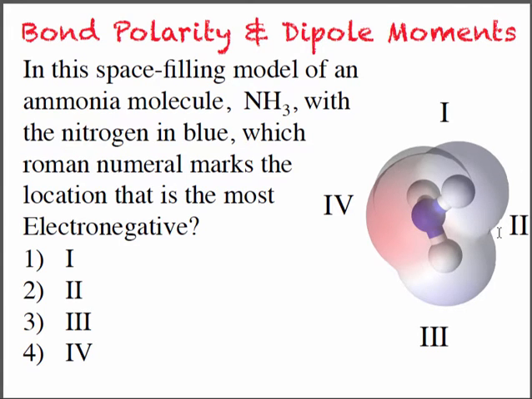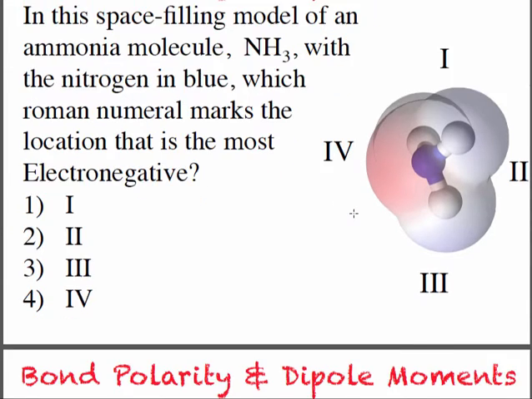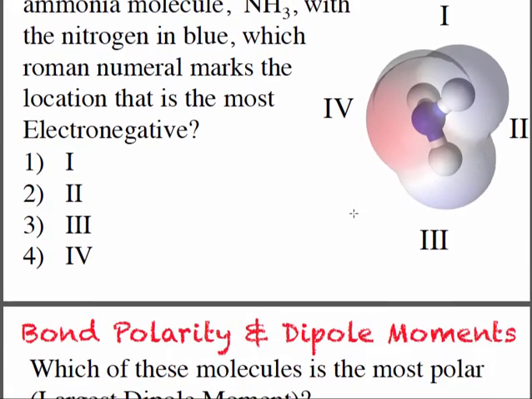And again, the dipole moment would point from the positive to the negative, so it would point from here over to here, in terms of a vector. In terms of predicting the size of the dipole, I would just say it's not as polar as water, because water has an oxygen which is more electronegative, and being more electronegative forces that molecule of water to be more polar than ammonia. But still, ammonia is fairly polar. It dissolves in water really well.